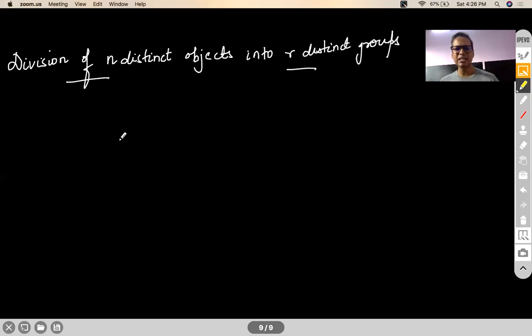You're absolutely right when you think so. There's no problem in your thought process, that this is as good as saying that you are trying to split n distinct objects into r different groups. But the difference between the previous concept and this concept is that here, the group sizes are not predetermined, as they were in our previous few examples.